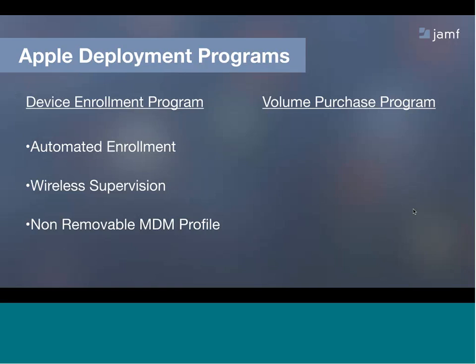And you'll see throughout Jamf Now that there are some settings that require supervision, as well as some remote commands that require supervision. So if you're in the first stages of your deployment, I'd highly recommend connecting with your vendor or applying for DEP, and we'll talk through those steps in just a moment. The very last thing that DEP grants you is a non-removable MDM profile.